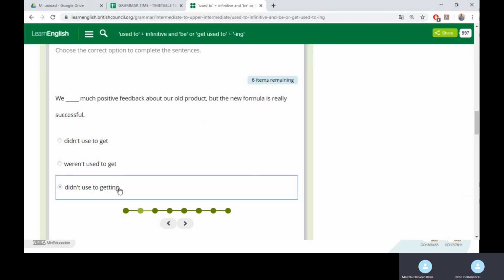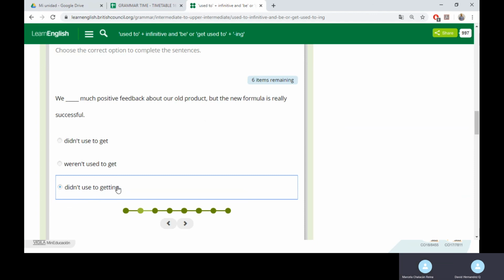Mira que lo que sigue es el verbo con ing y no nos sirve. Como tenemos el used to que puede llevar esa ing es el que tiene el be used to.